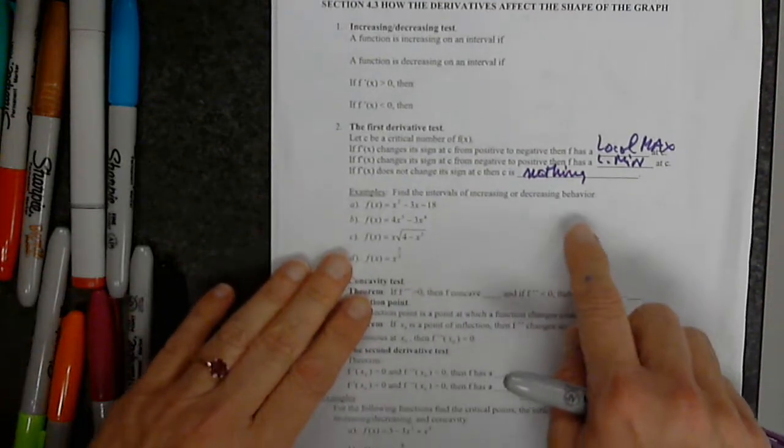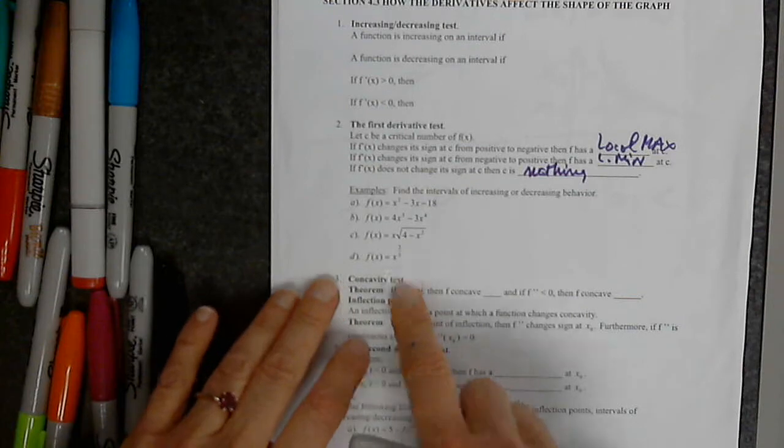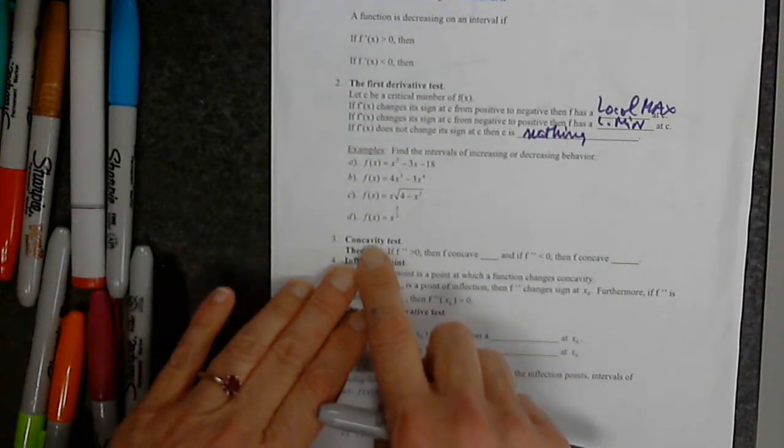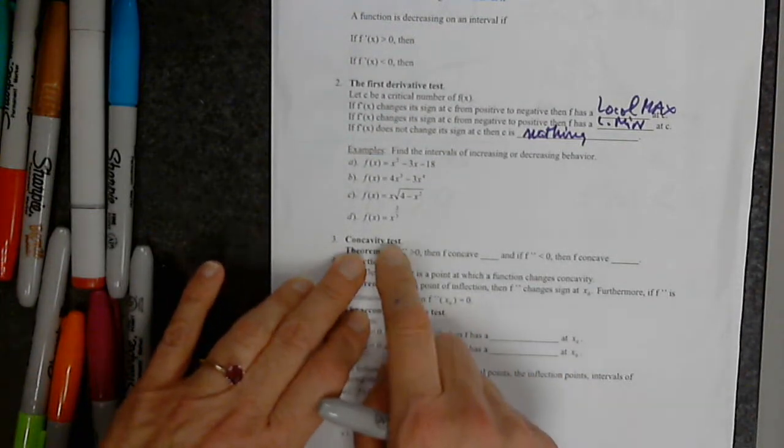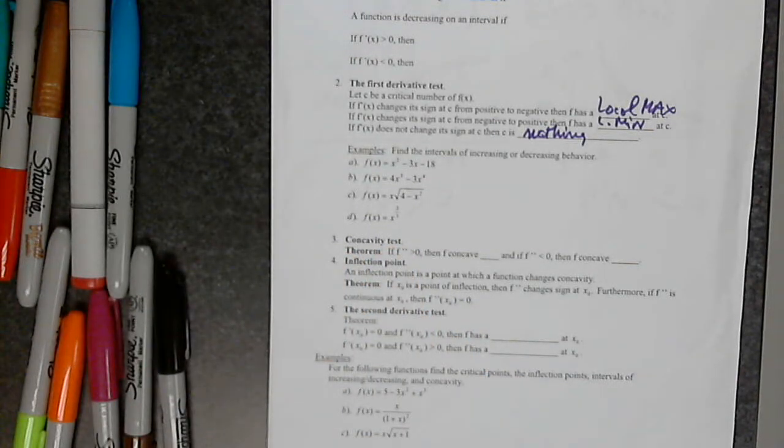Find the intervals of increasing or decreasing behavior for these functions. But before that, I would also like to talk about the concavity test. What does concavity mean? If a function opens up, we say it's concave upward. If it opens down, we say it's concave downward. What happens if a function opens upward and then at this point turns, not in the sense of max or min, it changes concavity and then it opens downward?